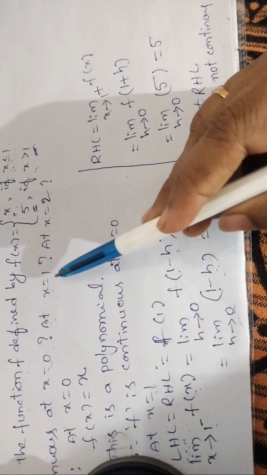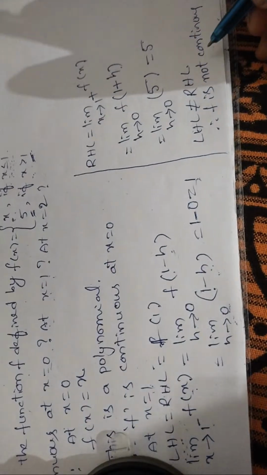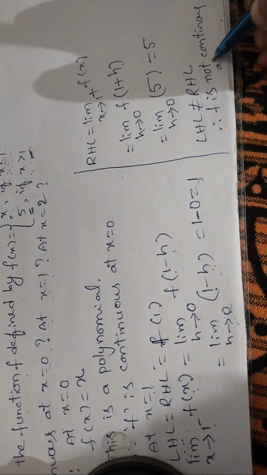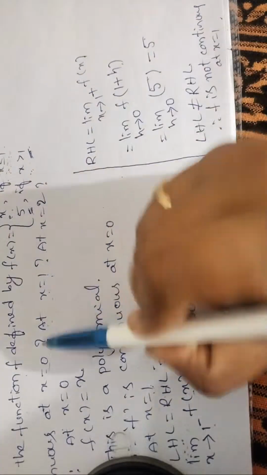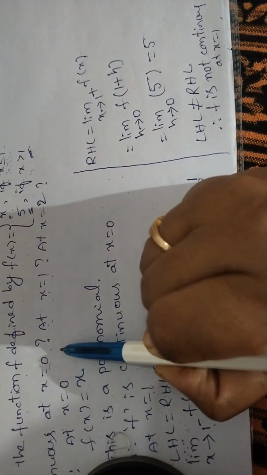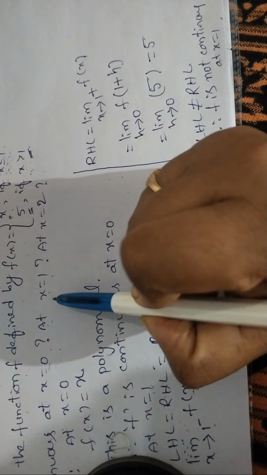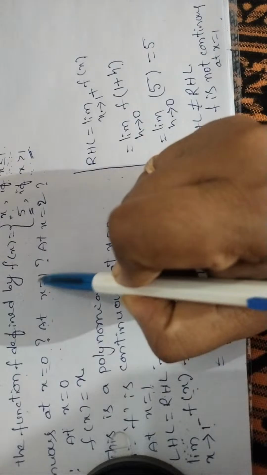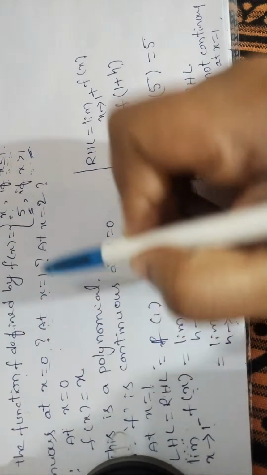At x equals to 1 it is not continuous. So we finished x equals to 0, where it is continuous, and we finished x equals to 1, where we got not continuous.